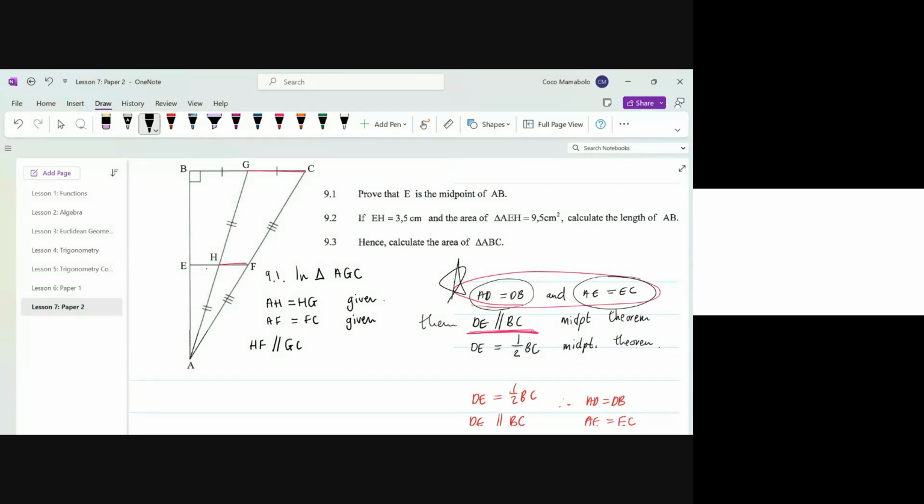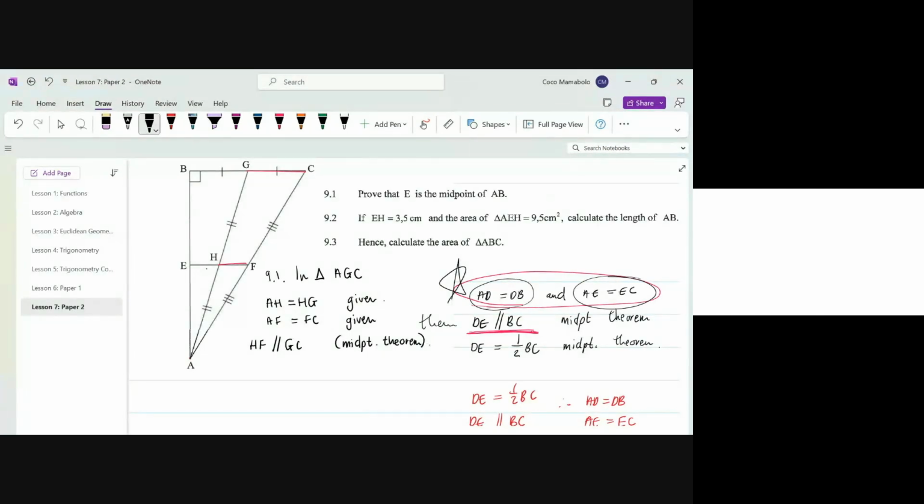Do you understand where I'm coming from? Kabisa, are you okay with this idea? Okay, good. They are parallel to each other. But if we know, oh, sorry, I forgot the reason. We must add in here mid-PT theorem.